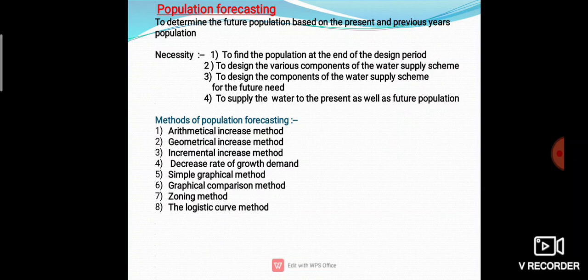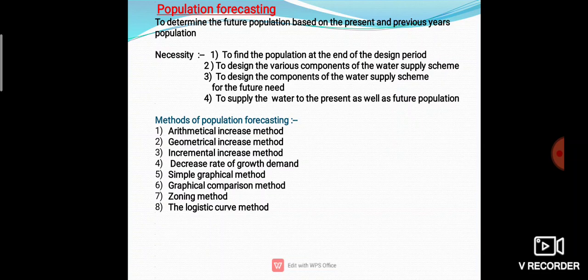No, it's not feasible. We can't use this water tank after 5 years. We need to construct one more water tank, but that is not possible after 5 years. So we have to do some work for the future.